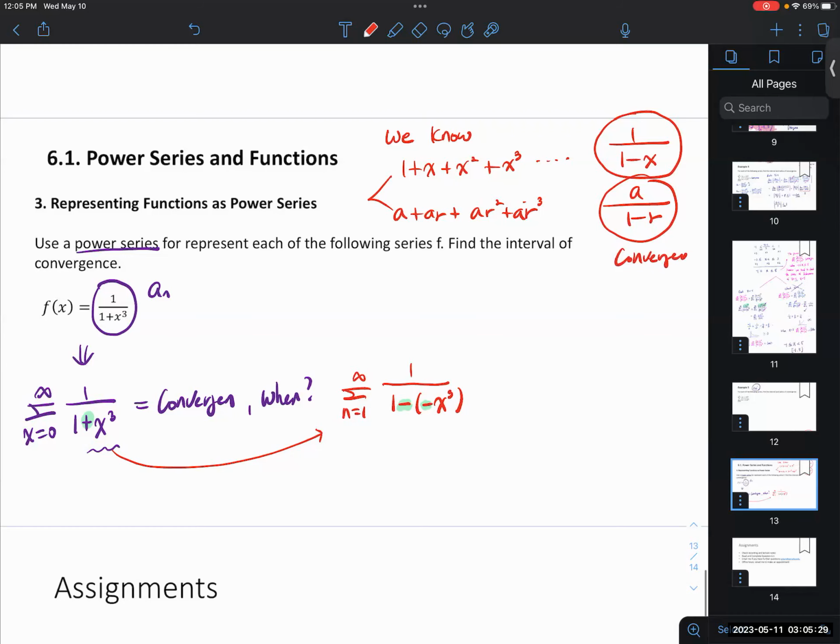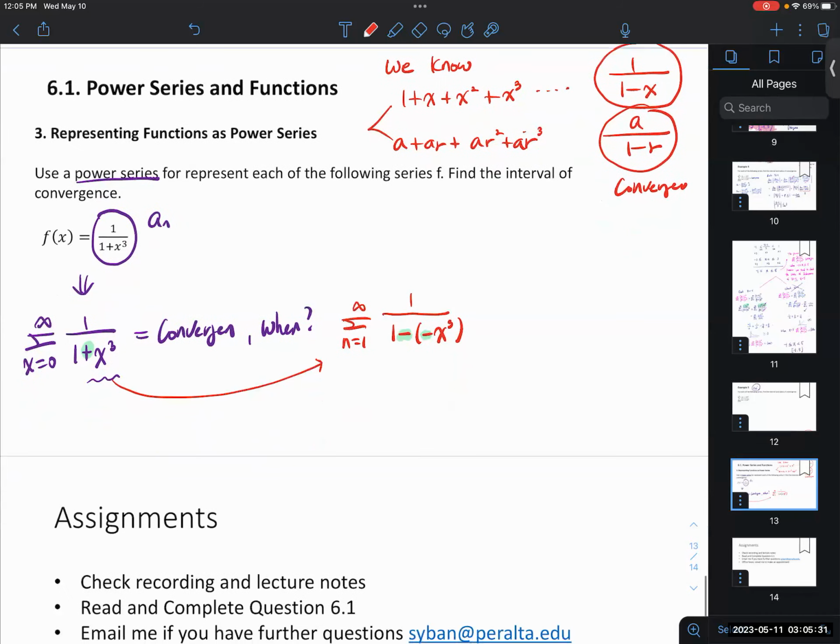So check it out. To find the next number, you keep multiplying by negative x to the third.